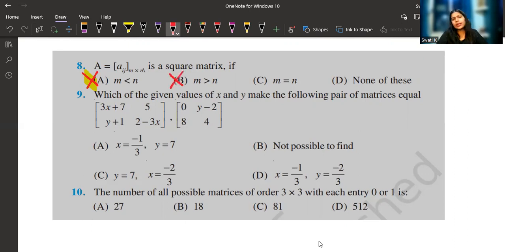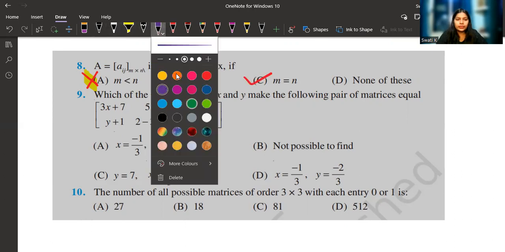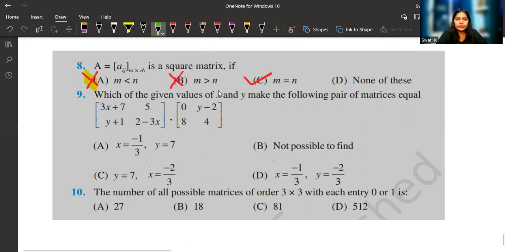Similarly, the number of rows can't be more than the number of columns. Therefore, the correct answer is option C. Let me choose the green color so that it will be more effective. Yes, so the correct answer is option C, that is the number of rows should be equal to the number of columns so that a matrix is going to be a square matrix.